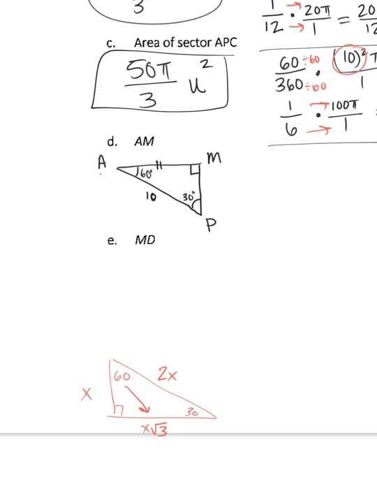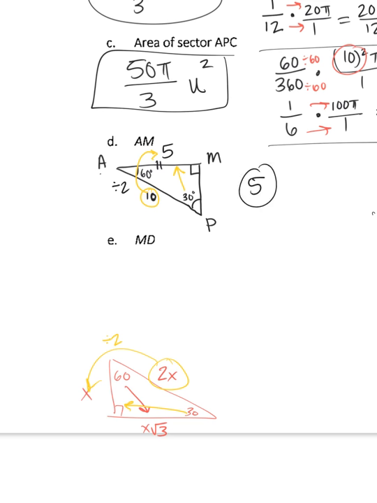To go from the hypotenuse to the side across from 30, which would be here, I have to divide by 2. So that means that A to M must be 5, because I just have to divide by 2. So my answer for A to M is 5.